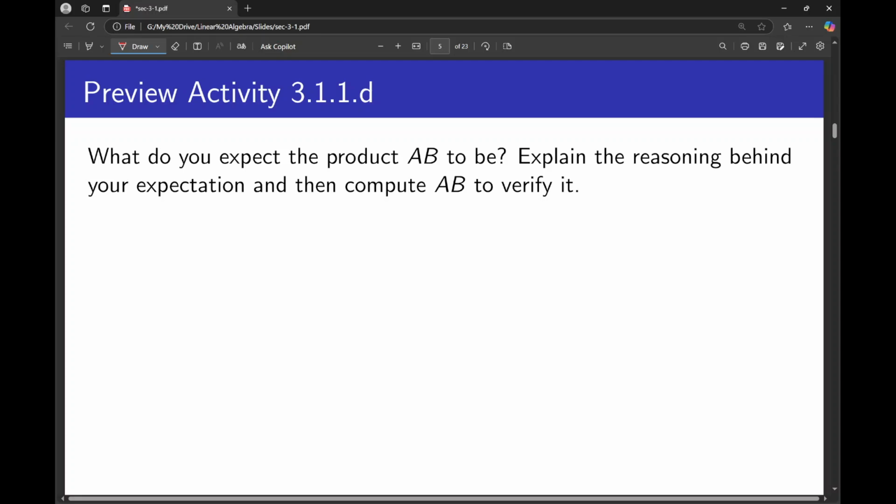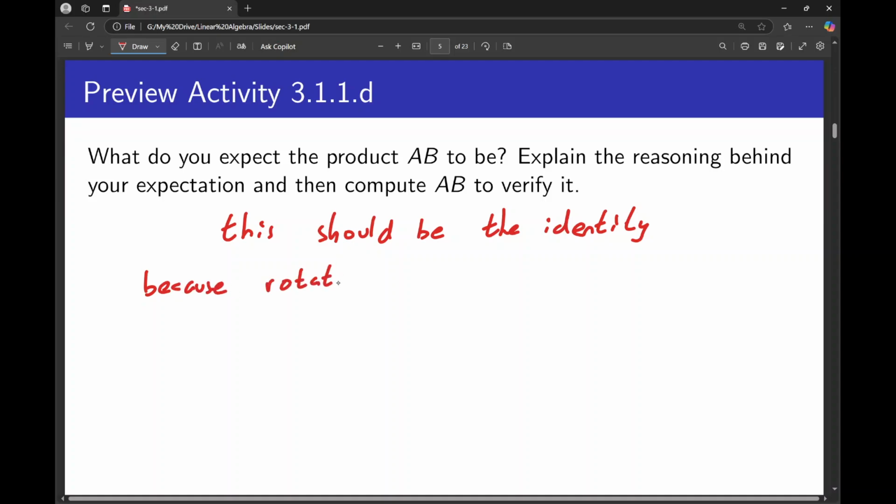All right. Now, preview activity 3.1.1.2. What do you expect the product AB to be? Explain the reasoning behind your expectation and then compute AB to verify it. So this should be the identity. Because B is clockwise.